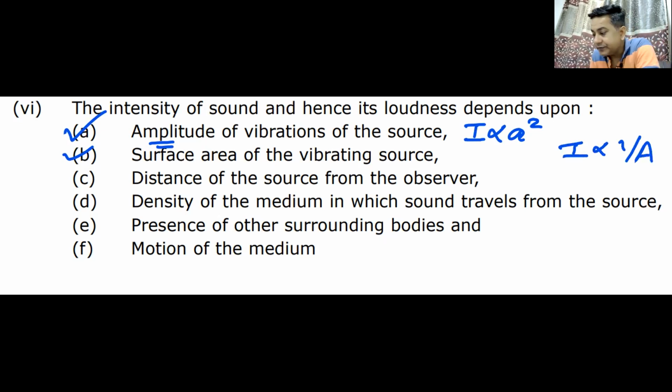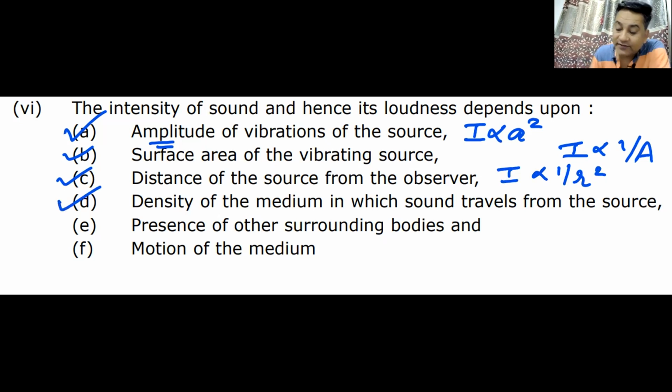That means it is energy per unit area. So if the area is less, intensity will be more. If the area is more, intensity will be less. Distance: intensity is actually inversely proportional to distance square. So as you go away from the source of sound, the intensity will decrease.